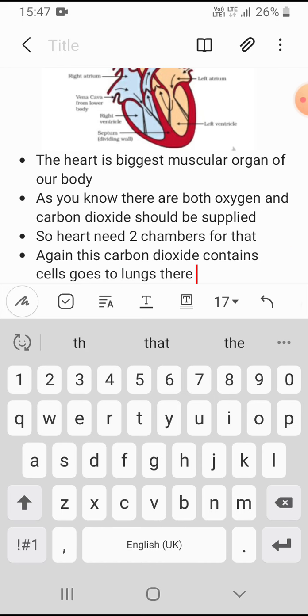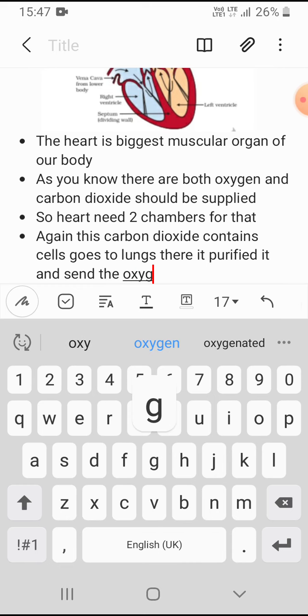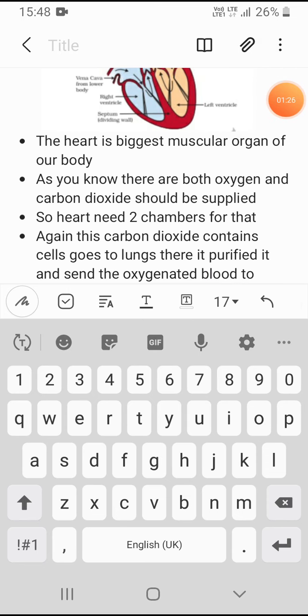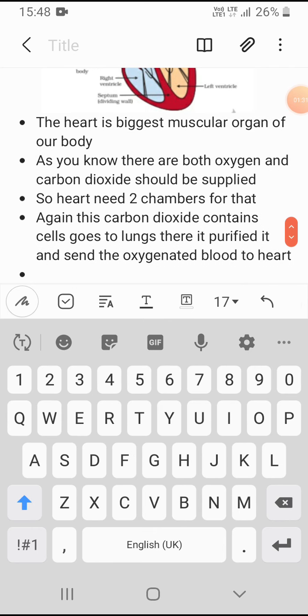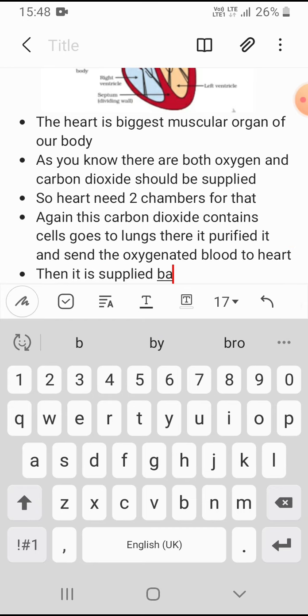There it purifies it and sends the oxygenated blood back to the heart, and then it is supplied to all parts of the body.